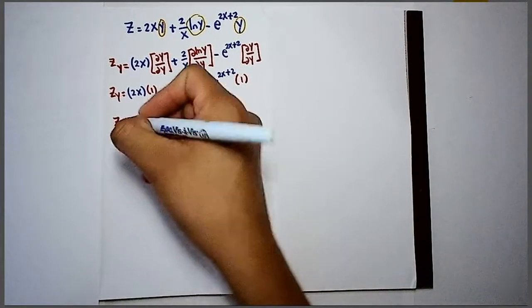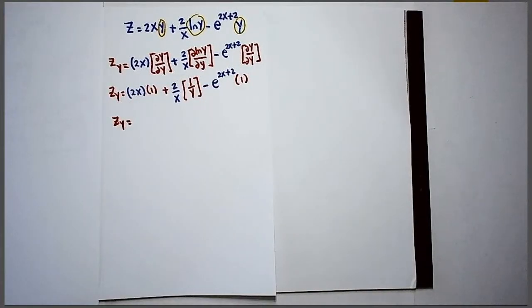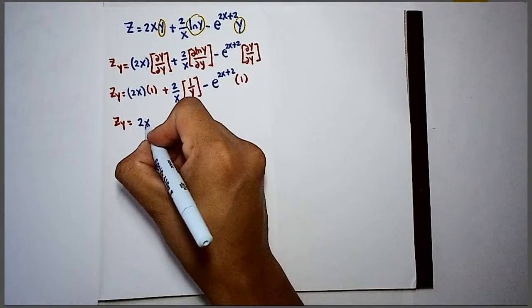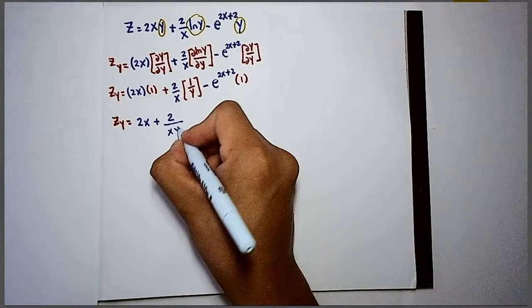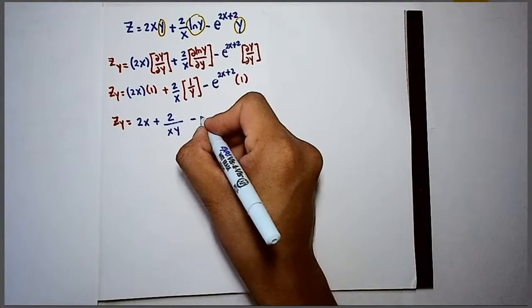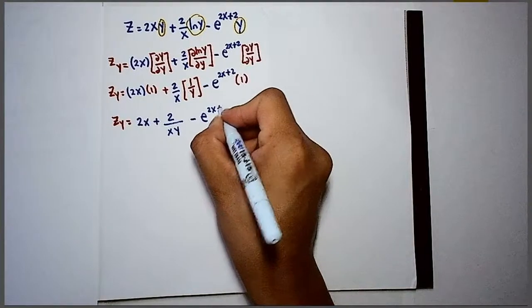In that sense, the derivative of z with respect to y is 2x plus 2 over x times y minus e to the 2x plus 2.